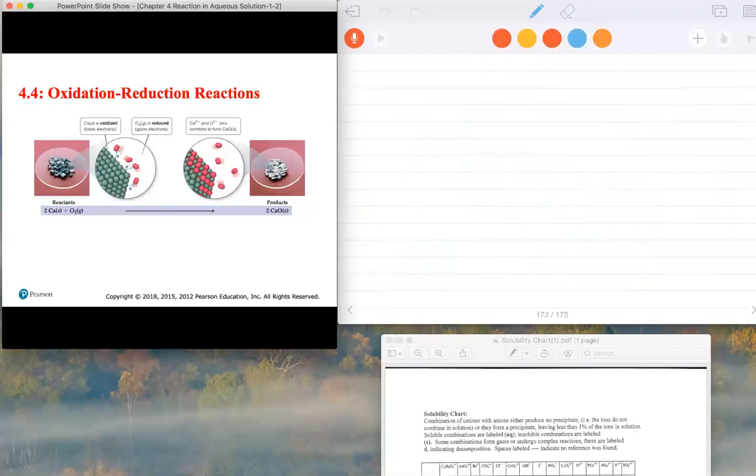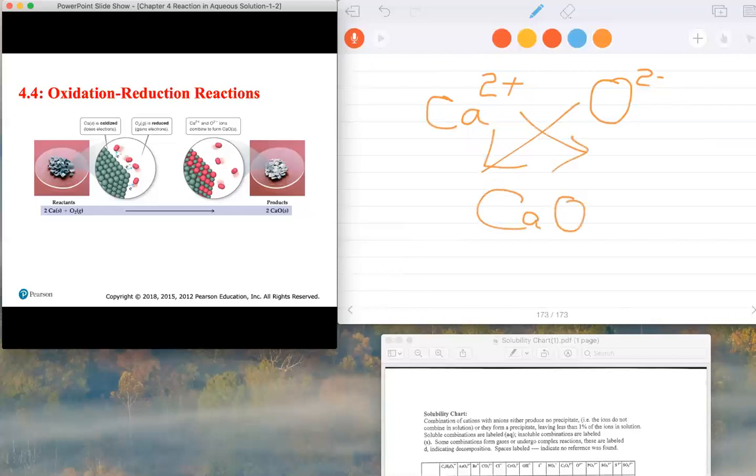From the chemical formula, you know the ionic charge for calcium is positive 2. Oxygen is negative 2, using the periodic table. So when I write the correct formula, this will be calcium oxide. And of course, you balance the equation because it was oxygen gas here and oxygen gas here.